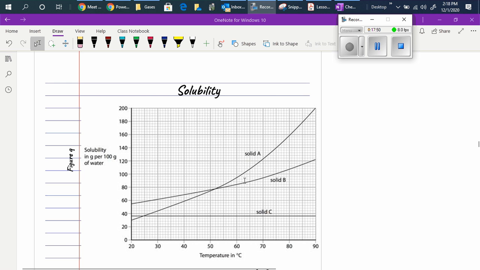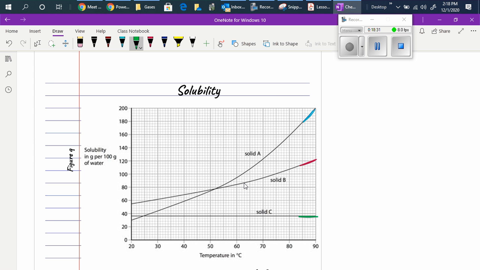In this case, we have a solid A that is following this line here, a solid B, like a compound B, and a compound C that is following this line. As you see here, compound C doesn't have any temperature effect on its solubility.